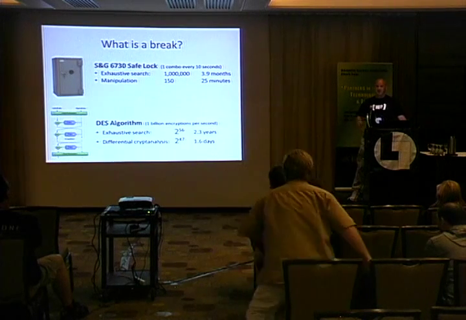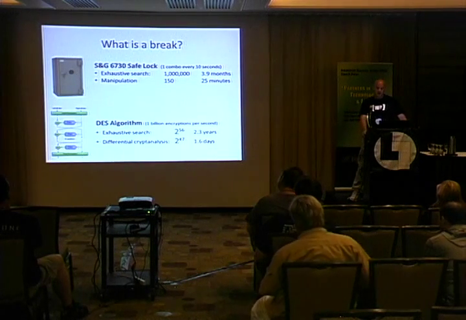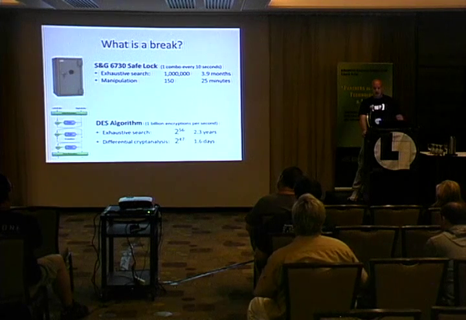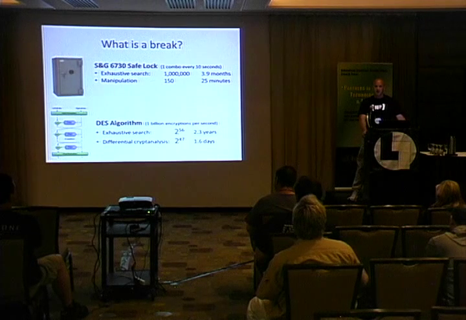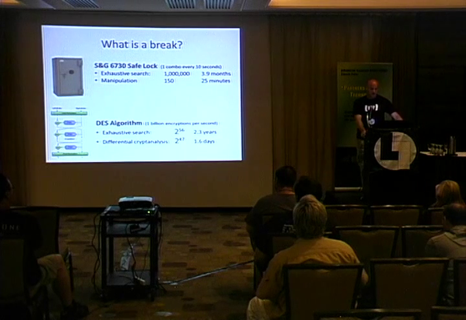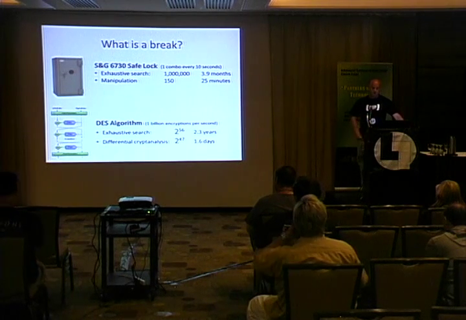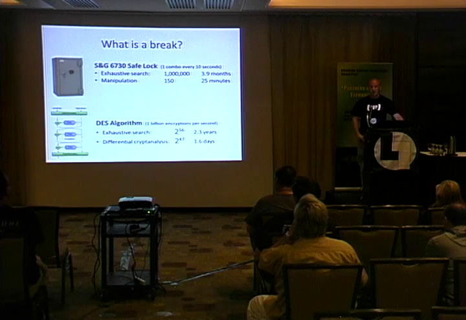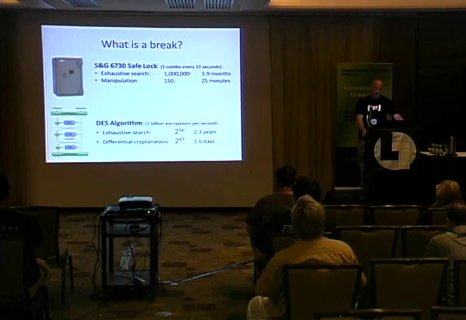So you don't want to test every single key; you want to get it in less work. Again, with the safe lock analogy, you can either test 1 million combos, or you can take apart the lock, figure out how it works, find the vulnerability, and do 150 combos. You're still doing work. It's not instant, but you're doing less work. And in the case of DES, it goes from 2.3 years to 1.6 days if you apply this attack to that algorithm.